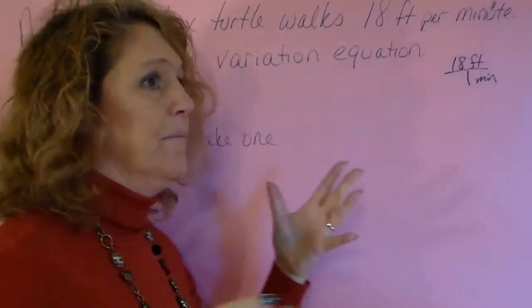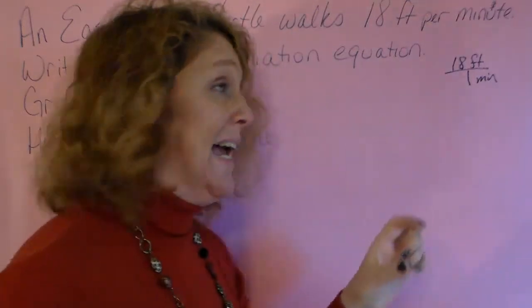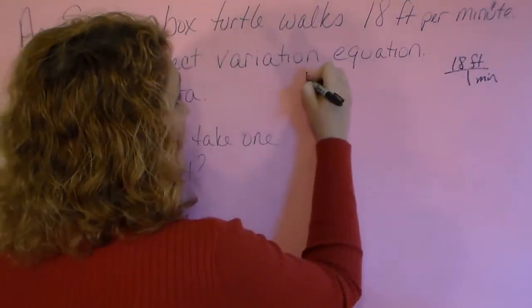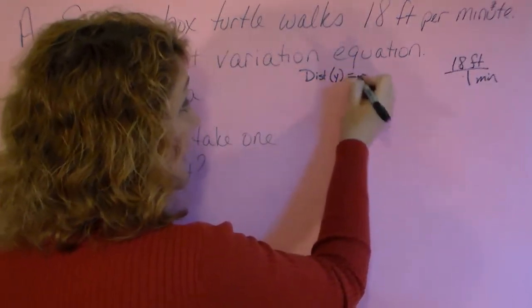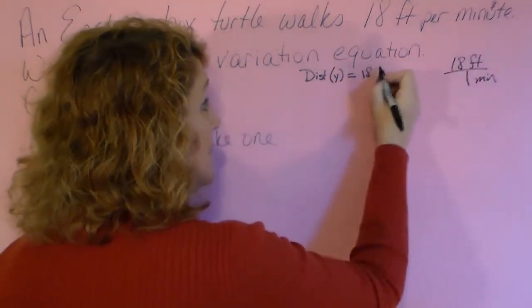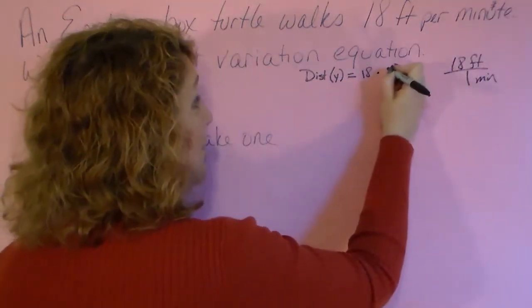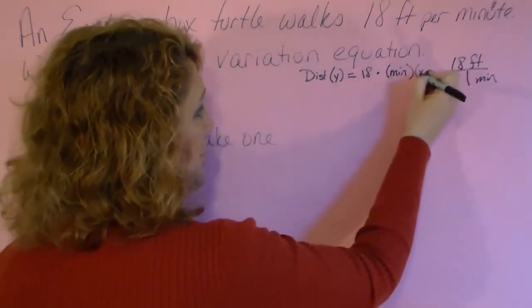And that equation, if you write down the numbers for what I just said, the distance, which is really y, is 18 feet times however many minutes we're talking about, which is really x.